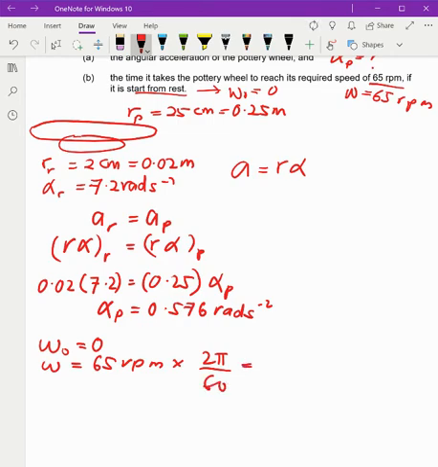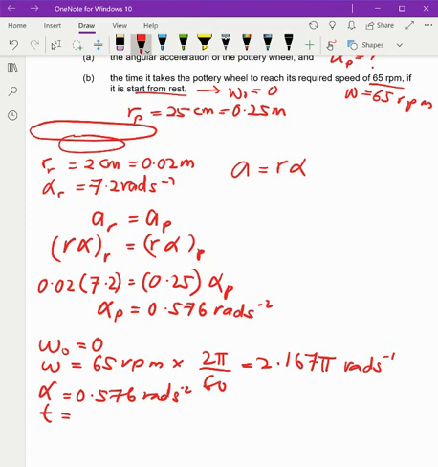So what you're going to have is 65 times 2 divided by 60, so 2.167 pi radian per second. And we have alpha, 0.576 radian per second squared.